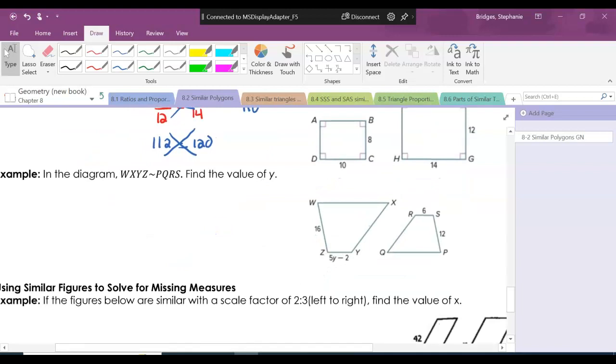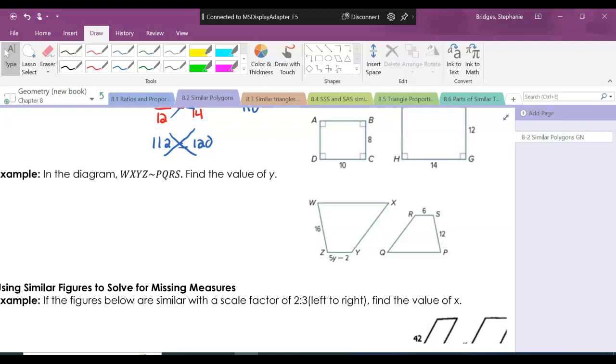All right, let's look at the other one now. Now we got WXYZ is similar to PQRS. It's telling me to find the value of Y. So what we're going to do is set up a proportion of our corresponding sides.